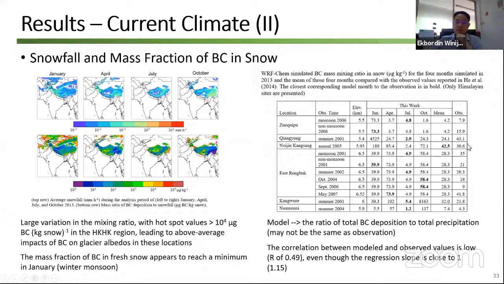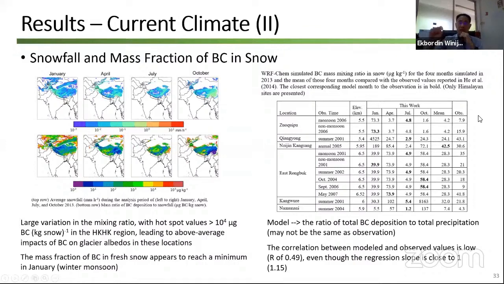The major reason is, as I told you, that we overestimate the snow in the area, so when we divide black carbon over the snow, the mass fraction output of this model is lower compared to observation. So that is the result of the current condition.